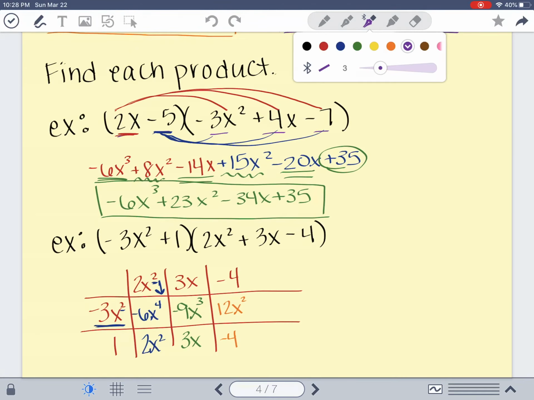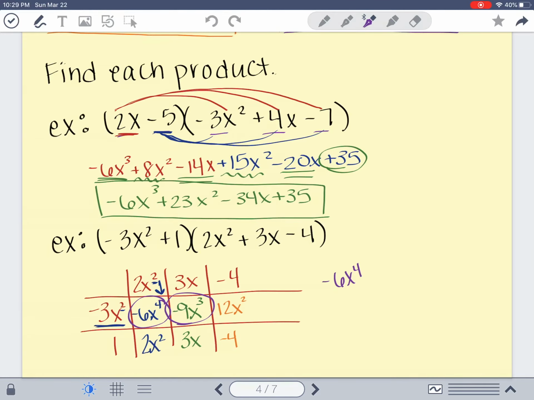And so let's go ahead and look at our like terms. There's nothing else to the 4th. So we have negative 6x to the 4th. And it looks like we've got just 1 cubed as well. So we get a negative 9x cubed. We've got 2 squareds here. So we've got 2x squared plus 12x squared, which gives us positive 14x squared.